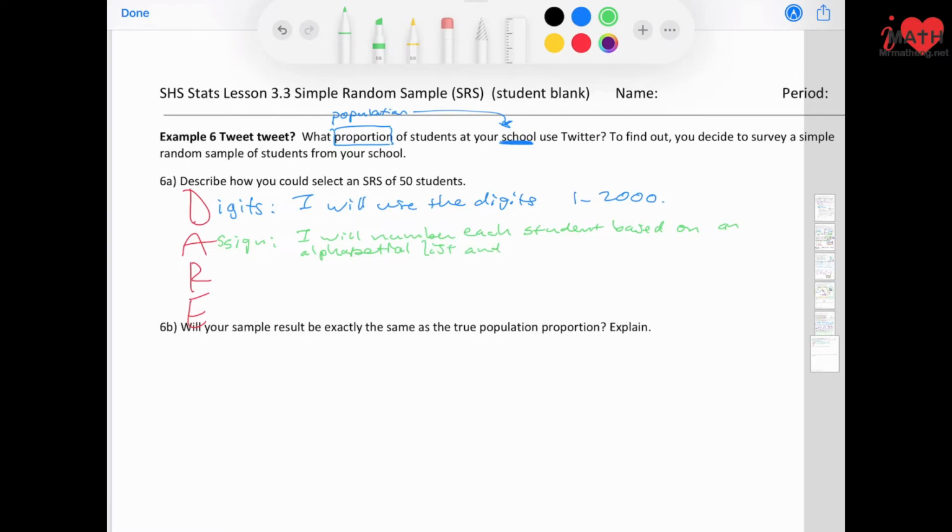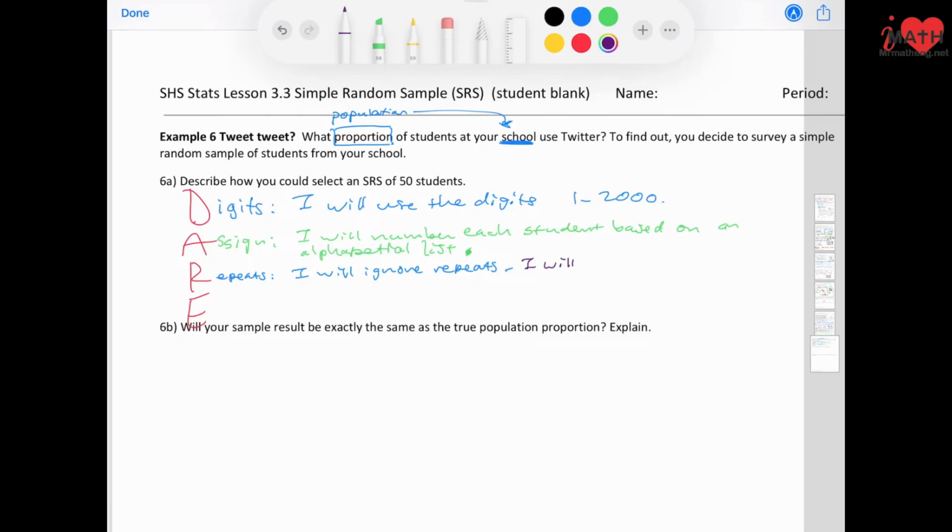And let's do one with technology so I can show you the calculator. What does R stand for? It is the repeats. I will ignore repeats. And how do we randomize?